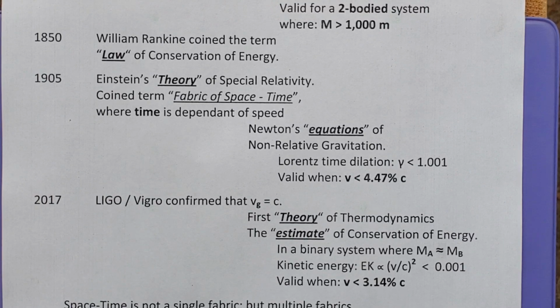William Rankine coined the term law of conservation of energy in 1850, based on speeds that were never approaching anywhere near half of 1%.